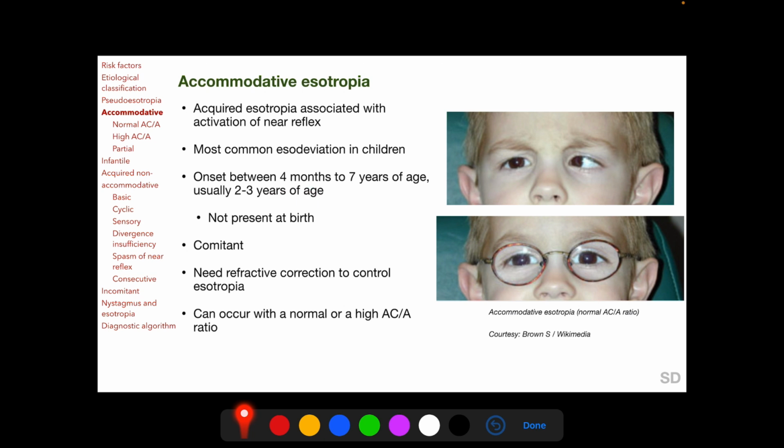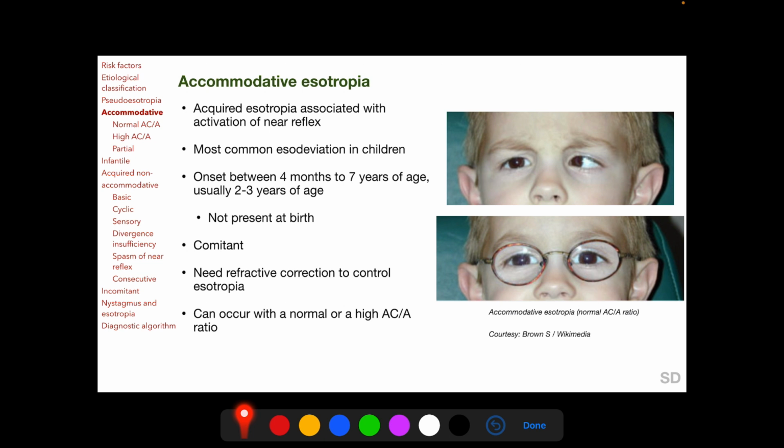Accommodative esotropia is never present at birth. As we have discussed, accommodative esotropia is a comitant esotropia and needs refractive correction to control the esotropia, as we see in these photographs. This patient with an esotropia becomes orthotropic after spectacle correction of his refractive error.